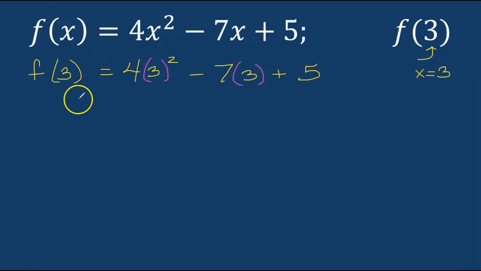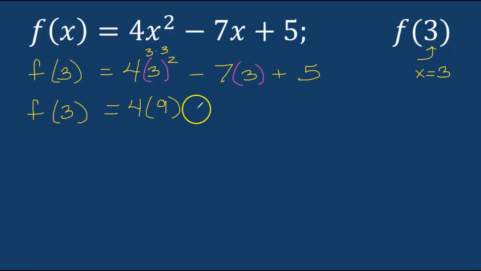This is a simple matter now of just evaluating, going through my order of operations. The first order of operations is going to be this exponent. The 4 on the outside stays the same, and remember this means 2 copies of whatever is in here being multiplied together. 3 times 3 is 9.